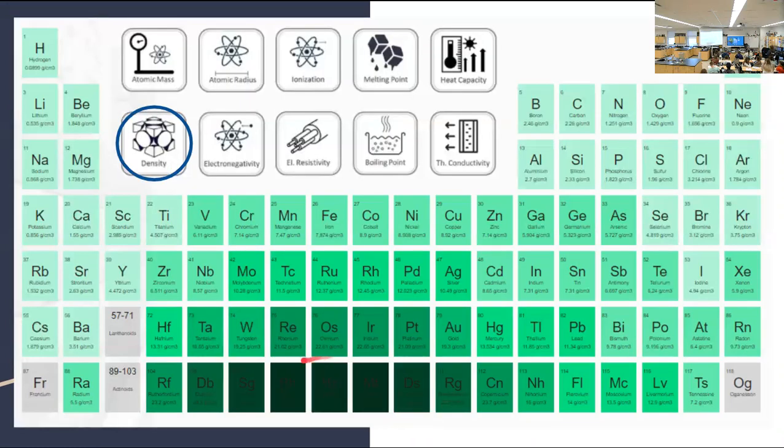But if we're looking at density, make sure on your periodic table you write a little note that says, hey, around here, higher density. That's what I had to put just to keep track of it because I got a little turned around. So make sure you write something down to help yourself remember that.